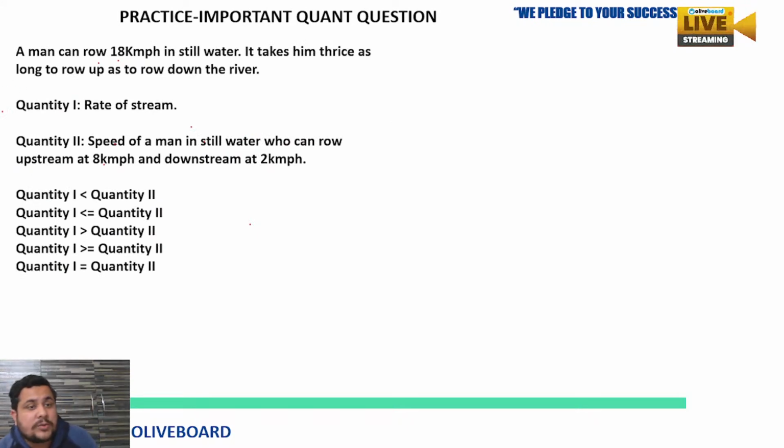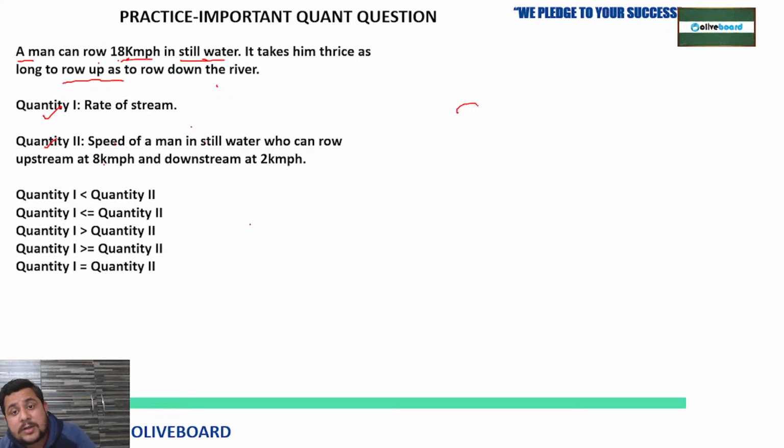Now let's move on to the next question. A man can row 18 km per hour in still water. It takes him thrice as long to row up as to row down in the river. This is a quantity 1 and quantity 2 based question where you have to compare the quantities. So the situation is given: a man can row 18 km per hour in still water.